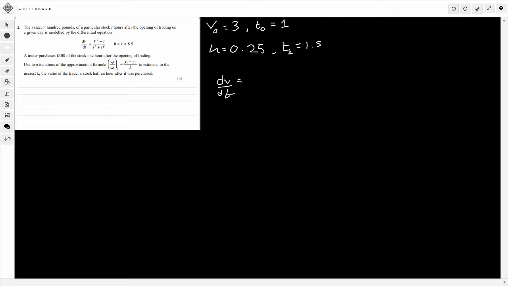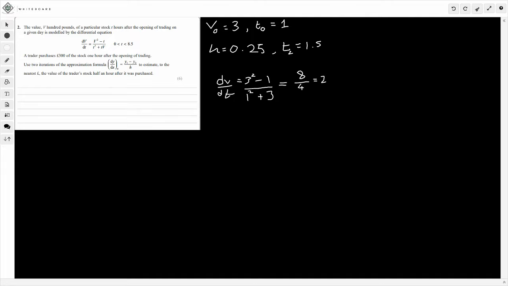So V squared, that's going to be 3 squared, minus T0, so that's minus 1, divided by T squared, so 1 squared, plus T times V. T times V is just 3, so 1 squared plus 3. If we simplify this, 3 squared is 9 minus 1, so that's 8, divided by 1 squared, which is 1 plus 3, so 4. And that gives us 2, right? So we've got that value of 2 there.